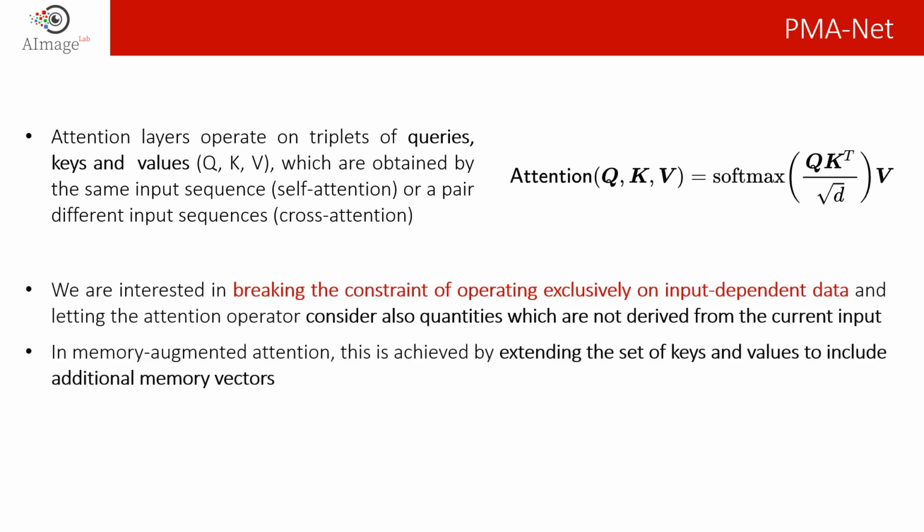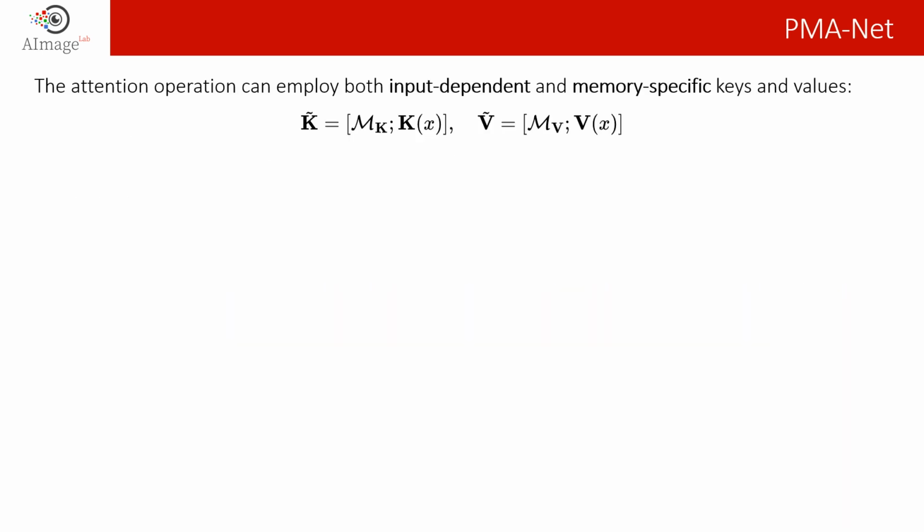In our case, we are interested in breaking the constraint of operating exclusively on input-dependent data. And so, in memory-augmented attention, this is achieved by extending the set of keys and values to include additional memory vectors. Therefore, the attention operation can employ both input-dependent and memory-specific keys and values.